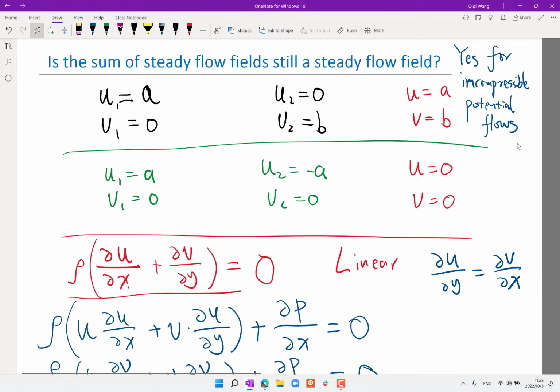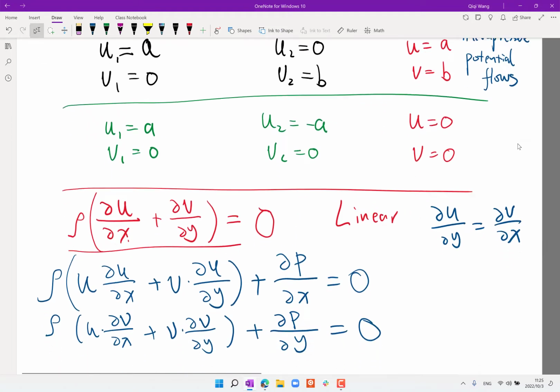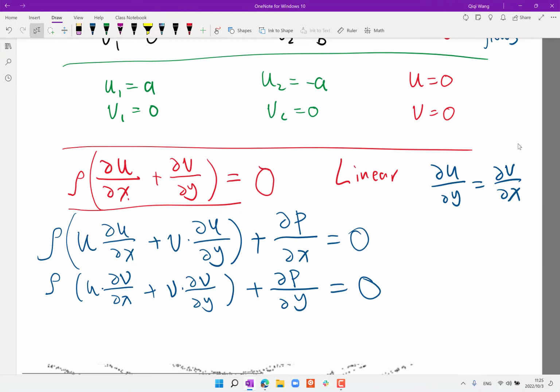And why is the conservation of momentum equation always satisfied? Let's just take the first equation as an example. This is because if I substitute the pressure equal to just an arbitrary constant, let me just take the constant to be 0, then my pressure would be half of rho times u squared plus v squared, right?